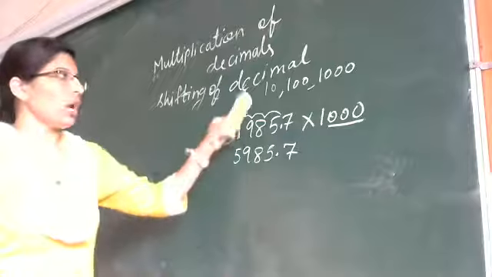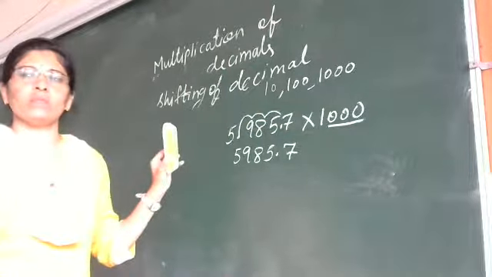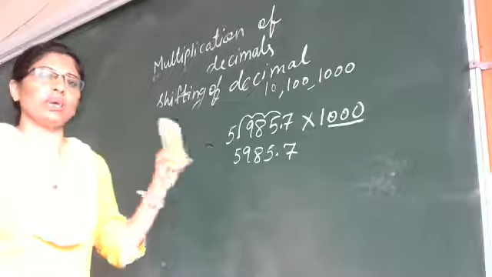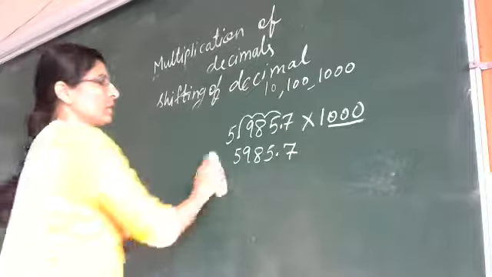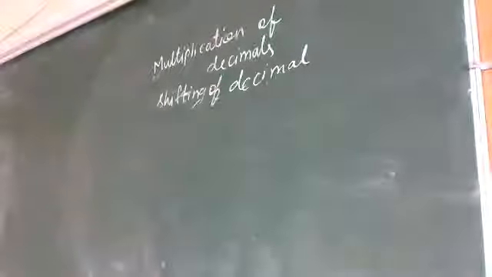Okay, understood how to multiply by 10, 100 and 1000? Yes, ma'am. Okay, now I will ask you to tell the answer directly. You have to tell me the answer directly. Okay, ma'am.